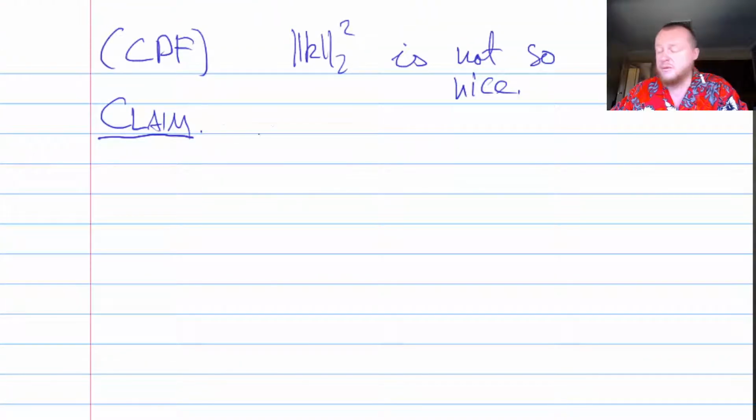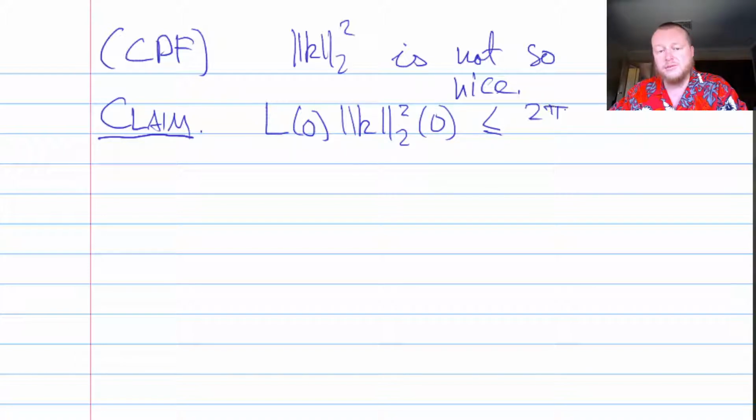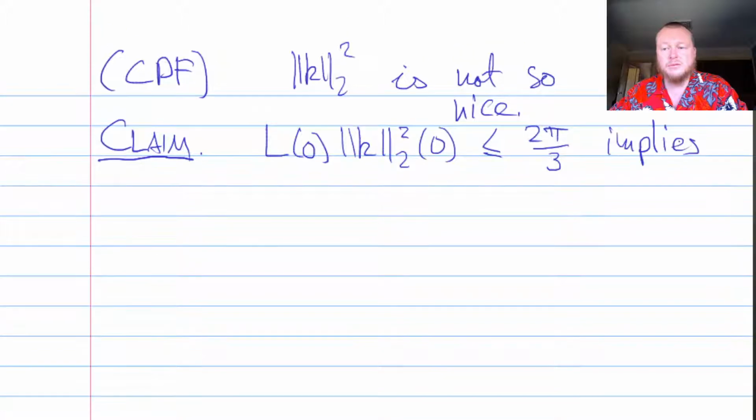Okay, so the claim here for curved diffusion flow now is similar, but we say if L times k in L2 squared is smaller than 2 pi over 3, then it remains true. So we also need it small.